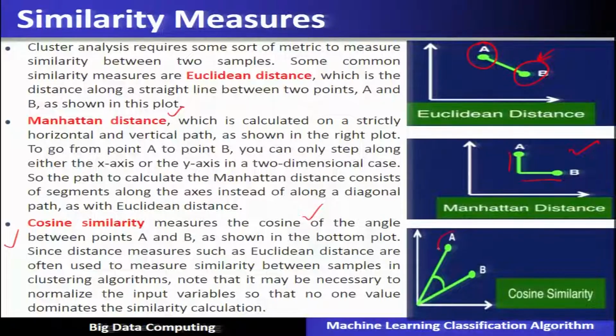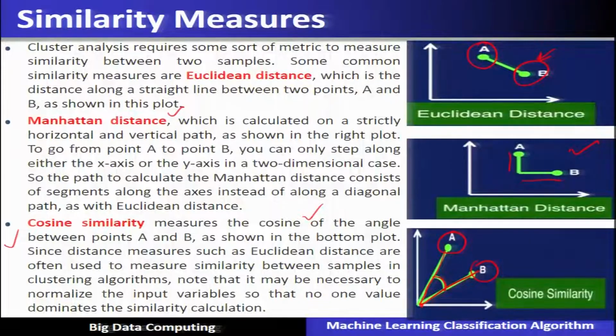For example, the points are A and B, and with the reference you can draw an angle, and the cosine of this angle is basically called the cosine similarity, which is shown in this diagram. Now, you can see that Euclidean distance is used to measure the similarity between the samples in the clustering algorithm, and it may be necessary to normalize this input.